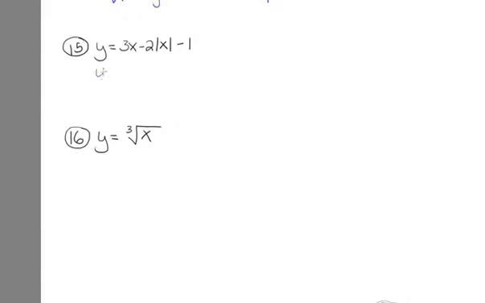So for positive values, we really just have the graph of 3x minus 2x minus 1, or the graph of x minus 1. Plugging in negative values is going to have a difference. So let's look at the graph that we have so far. We have a graph with a y-intercept of negative 1 and a slope of 1. So that's what I get for positives.